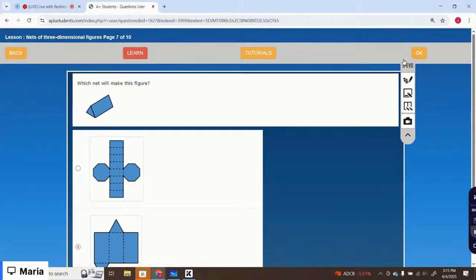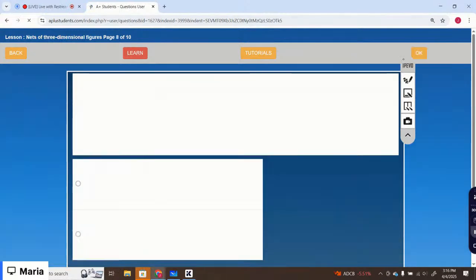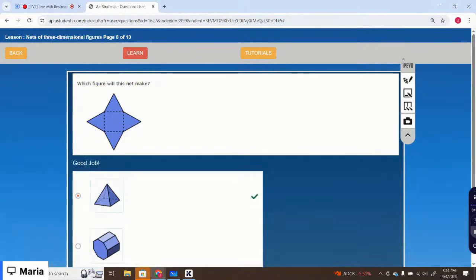Option number two is the correct option. Option number one is the correct option. If you fold the net, it will make the first one.